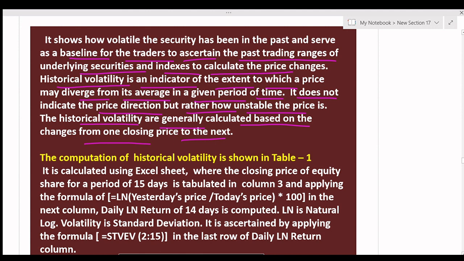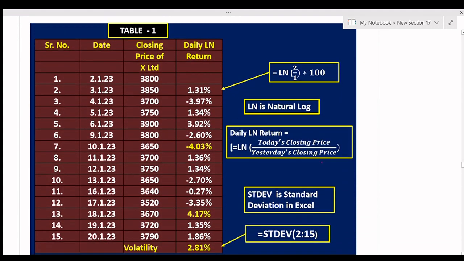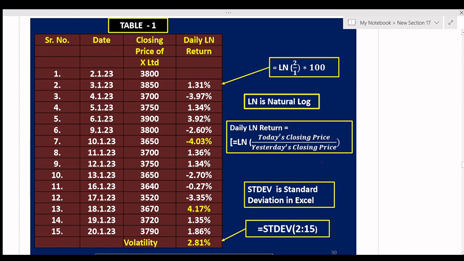The computation of historical volatility is shown in table 1. You see, in table 1, the date is given in the second column and the closing price of X Limited is given in the third column.